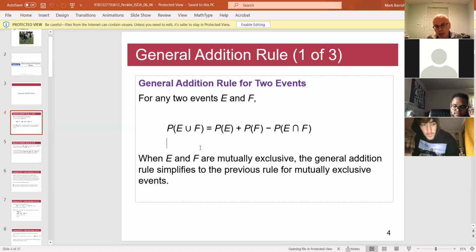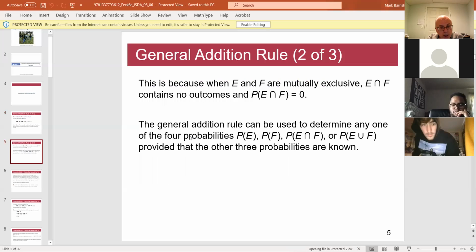They can't occur simultaneously, which means the probability of E and F occurring together would be 0. So if they're mutually exclusive, this subtraction is unnecessary because the probability of E and F is 0, and therefore you just simply add the two probabilities together. That's the key here. If the two events are mutually exclusive, we simply add the two probabilities.